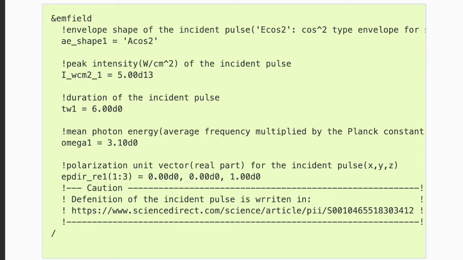The frequency is multiplied by Planck's constant, and the product is expressed in units of energy. epdir_re1(1 to 3) specifies the direction of the electric field. In this case, because the x and y directions are 0 and z direction is 1, the electric field is in the z direction.